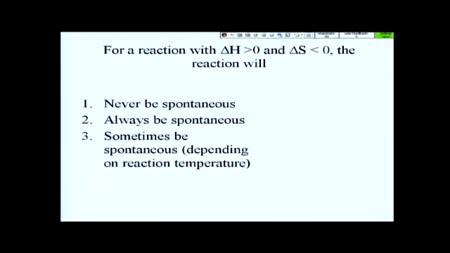So the first one covers what we went over today, so I want you to tell me, and try to not look back in your notes for this, for a reaction where you have a positive enthalpy and a negative entropy change, would you expect this reaction to be never, always, or sometimes spontaneous? So let's take 10 seconds on that. That should be pretty fast.